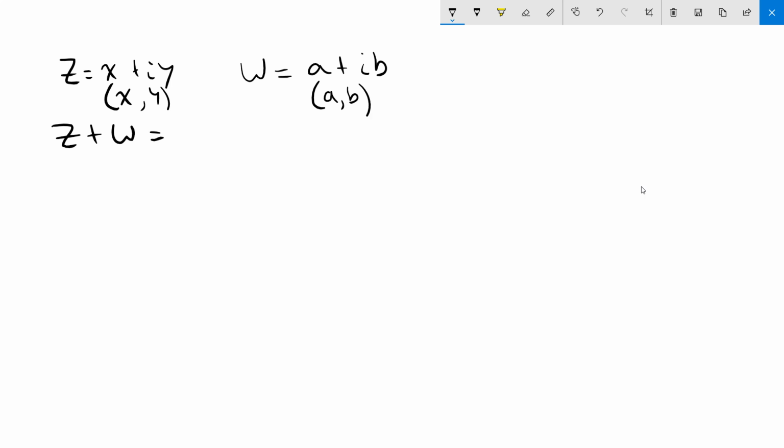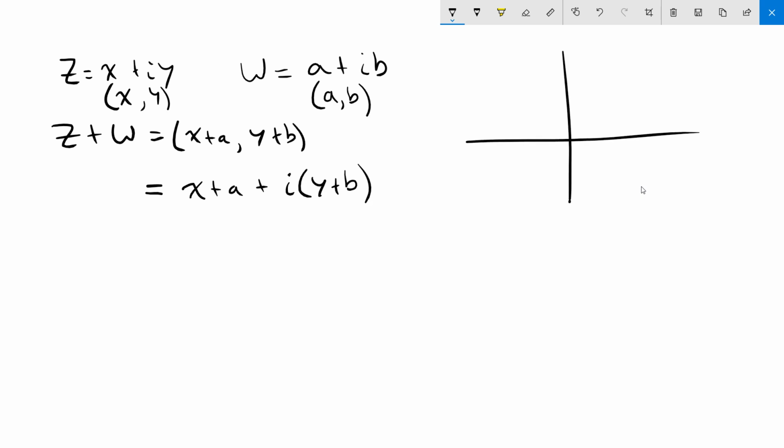Well, that means that in coordinate form, z plus w would be x plus a, y plus b, and it turns out this actually is true. So by definition, z plus w written this way is the same as x plus a plus i times y plus b, right?